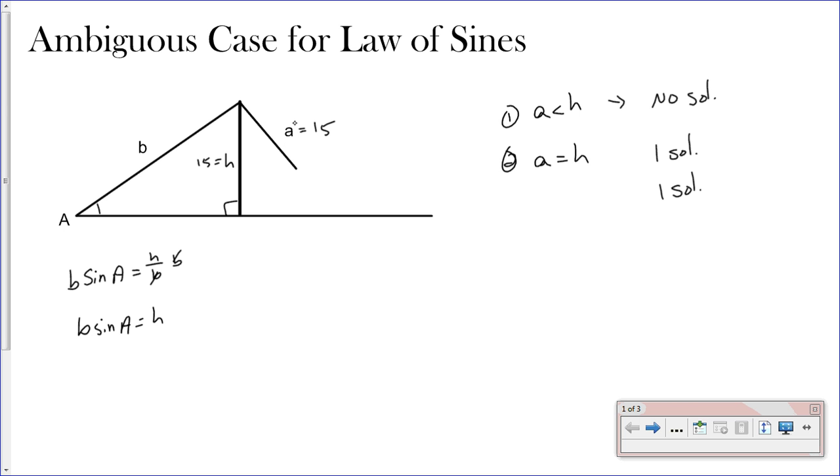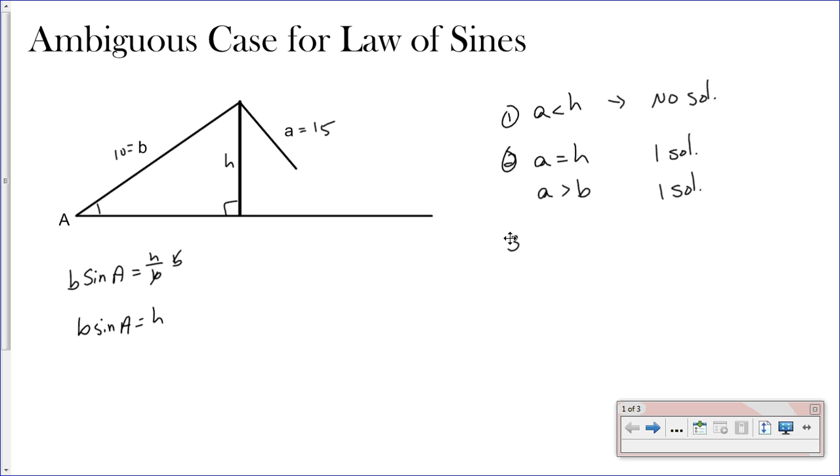If side a here is greater than side b, so let's say a is 15, we can forget about what h is for the moment. So a is 15, b is 10. You're going to be able to make one triangle.